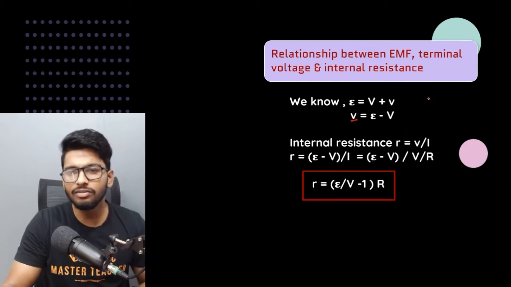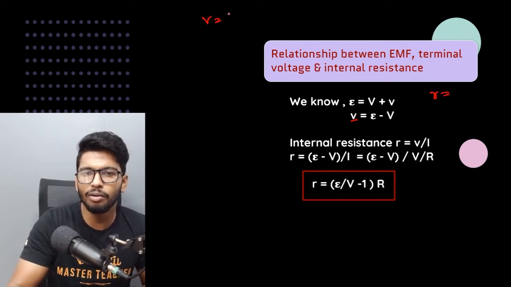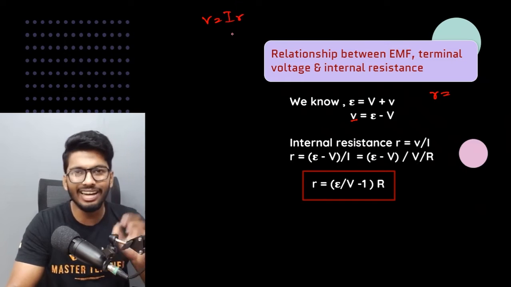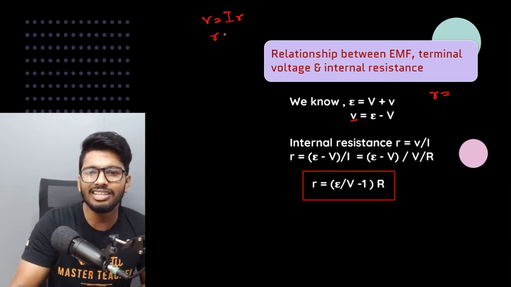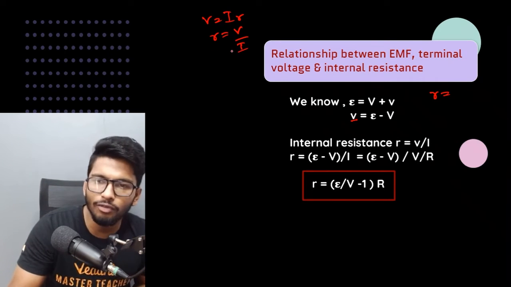Now what is V equal to? We know that V is equal to IR is the basic formula that we have, which is nothing but the total current into the internal resistance. So r is equal to V by I, that is the voltage drop divided by the total current flowing through the circuit.